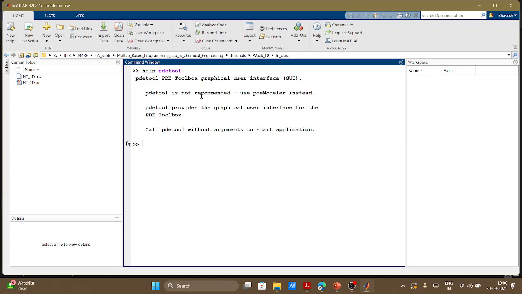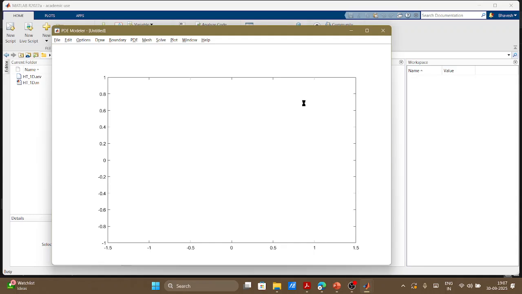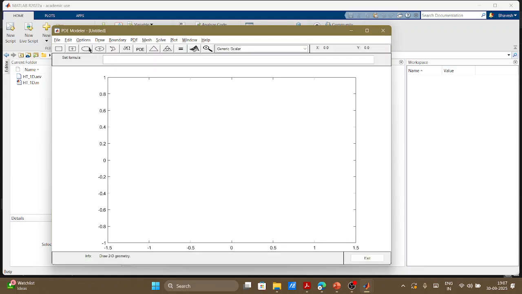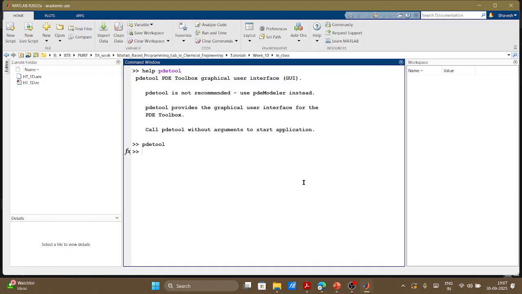Here it's written PDE tool is not recommended, use PDE modeler instead. So it's the previous notation which was used, now it is PDE modeler. But still if I call the PDE tool, it should work. Yes. So essentially it opens the PDE modeler, so the name has been changed recently.